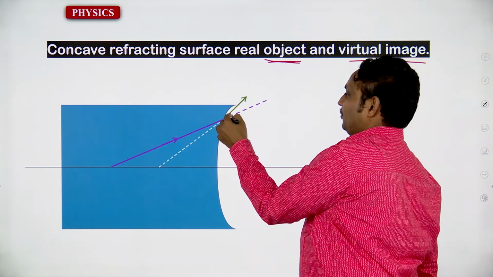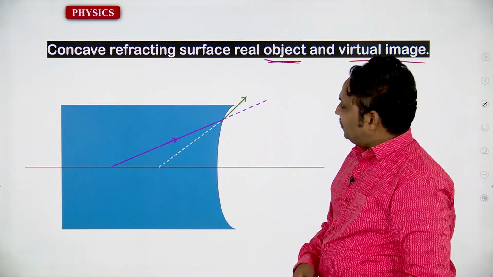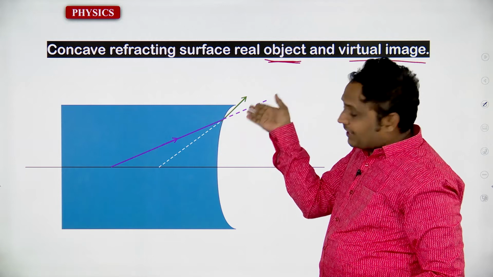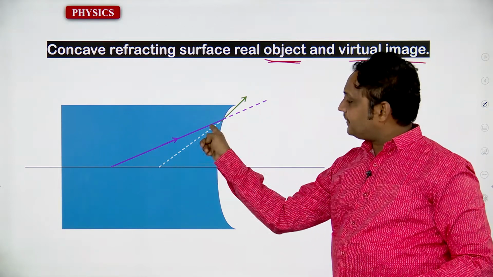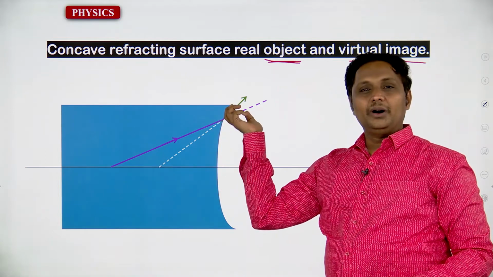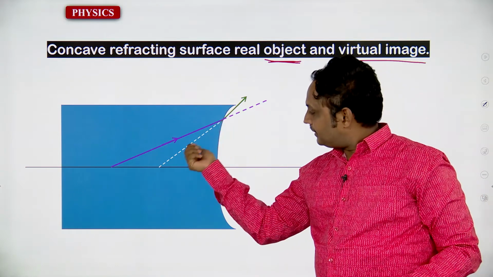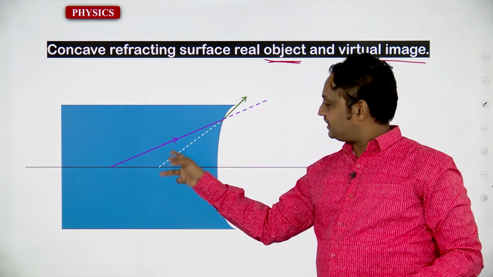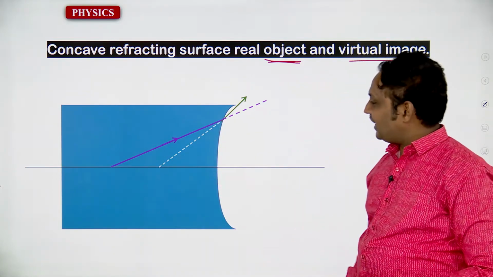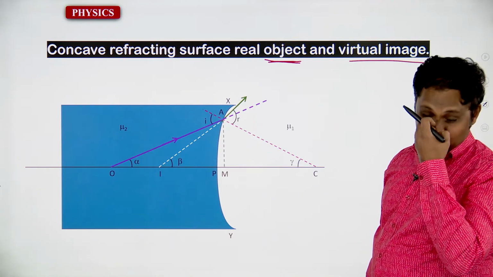So there exists a bending of the light ray. The refracted ray which appears to be in this line is originated from this point. Let it be known as the virtual image.